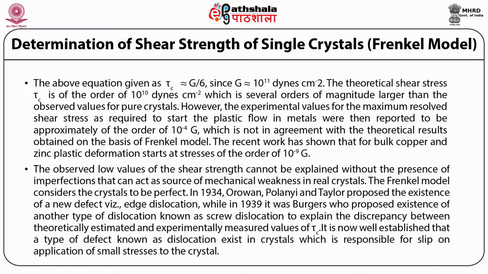In 1934, Orowan, Polanyi, and Taylor proposed the existence of a new defect, namely edge dislocation, while in 1939 it was Burgers who proposed the existence of another type of dislocation known as screw dislocation, to explain the discrepancy between theoretically estimated and experimentally measured values of tau c.